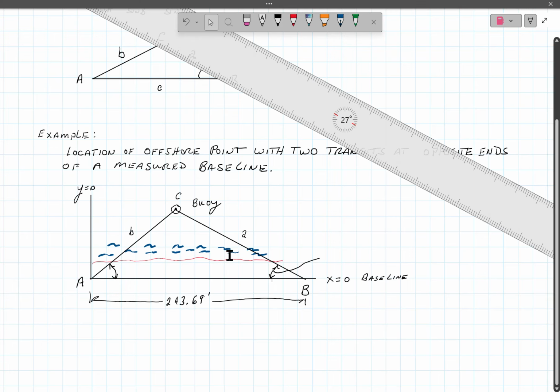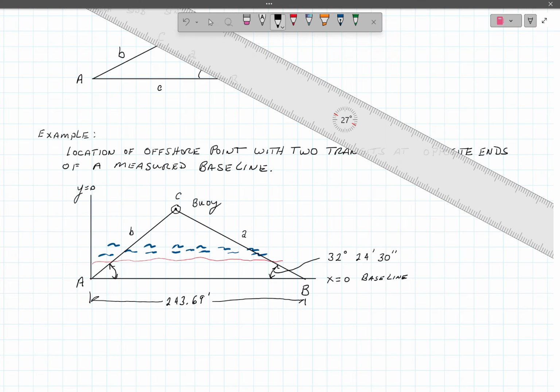All right, so I'm going to give this one a measurement. This one will be 32 degrees, 24 minutes, and 30 seconds.